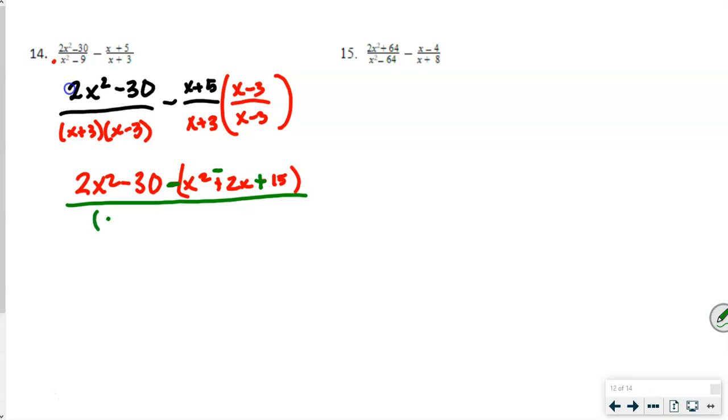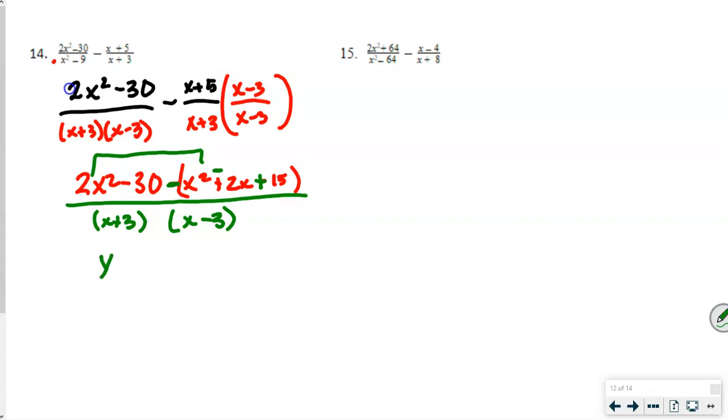So then we're still left with the x plus 3. All of it's going to be over that x plus 3, x minus 3, right? Because now we have a common denominator. So now we're looking at like terms, right? So we've got the 2x squared minus x squared.